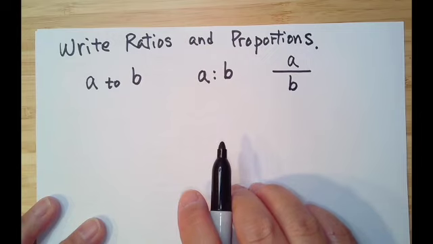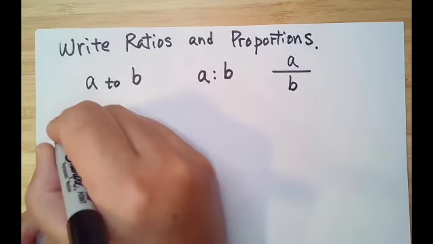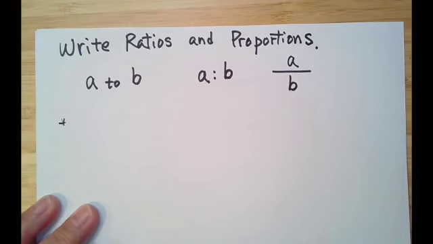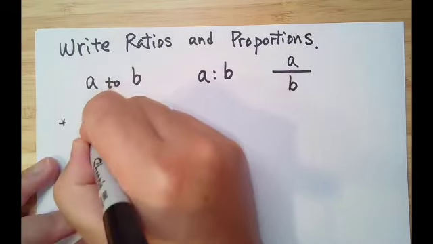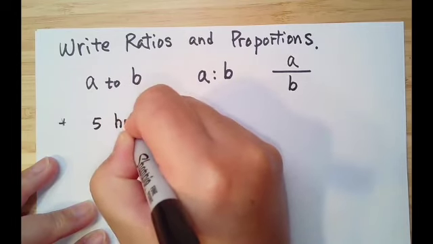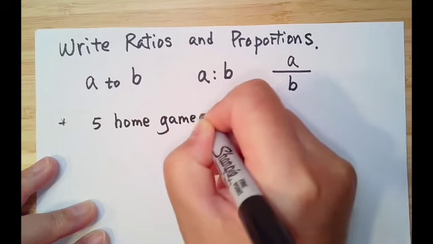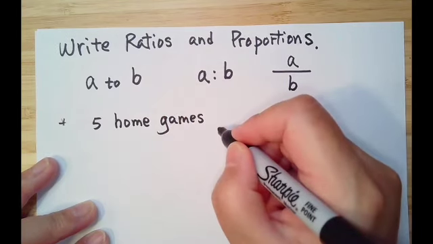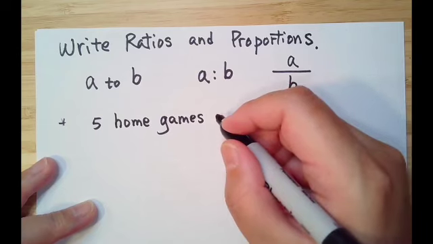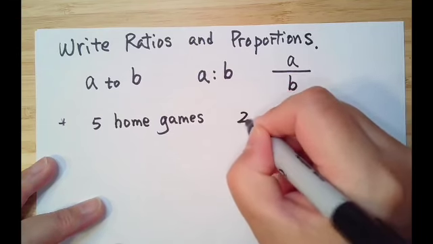A volleyball team. Let me give you one example. Okay, a volleyball team played 5 home games. 5 home games. Okay, and how many away games? 2 away games.